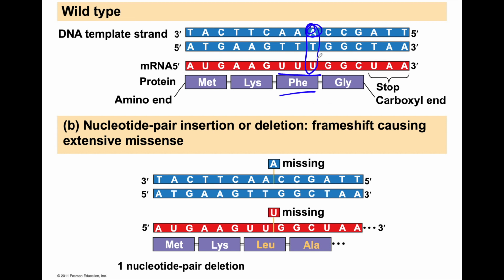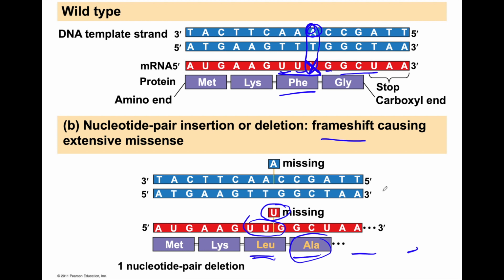But now this U is gone, so instead you have UUG, which codes for leucine. And then instead of GGC, you now have GGU, which codes for alanine. So every amino acid after that one base pair deletion is going to be the wrong amino acid. That's a frame shift.